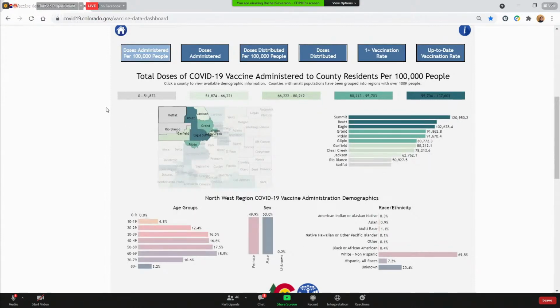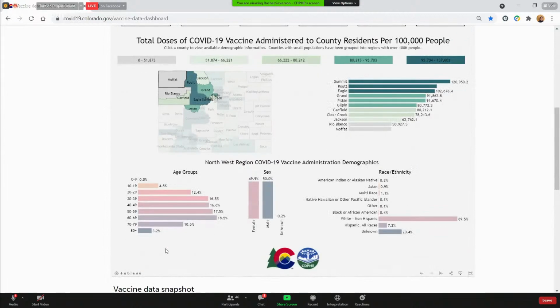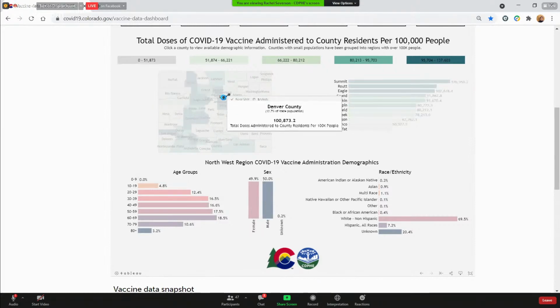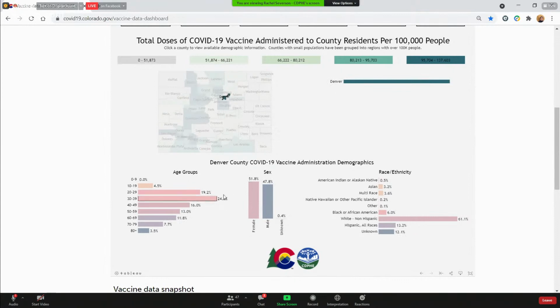I can also see the corresponding demographic breakouts for people who have received at least one dose who live in that region. For smaller counties, those are grouped together in regions to make a population of at least 100,000. But for larger counties, like Denver County, it shows those breakouts for just the county, since that county's population is higher than 100,000.